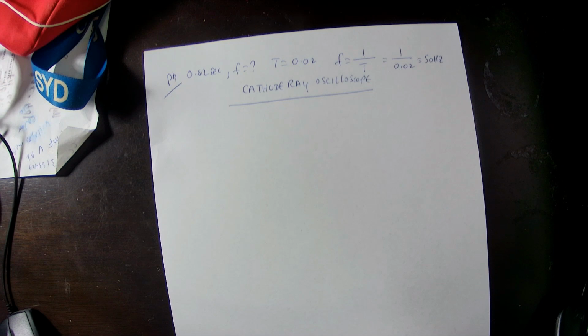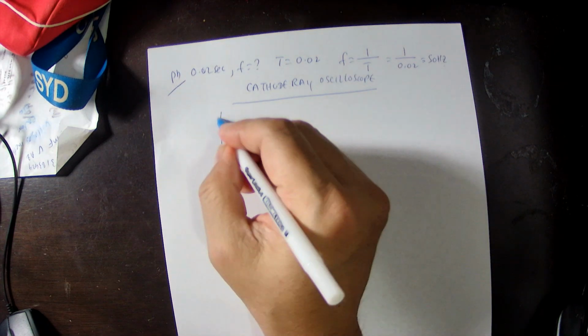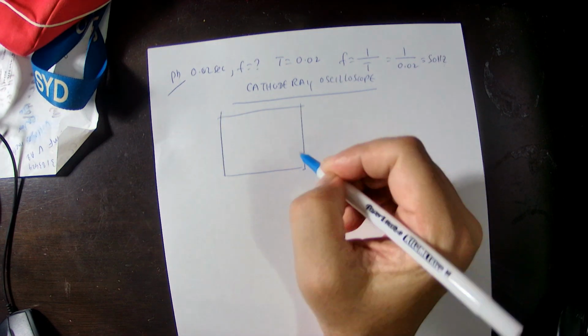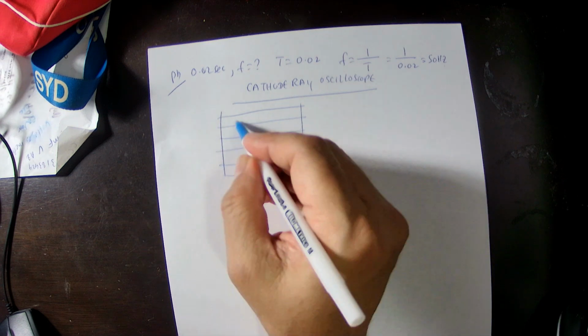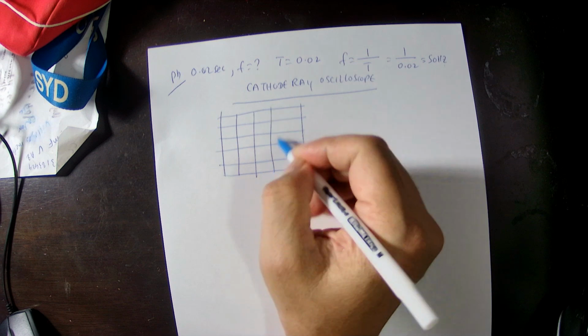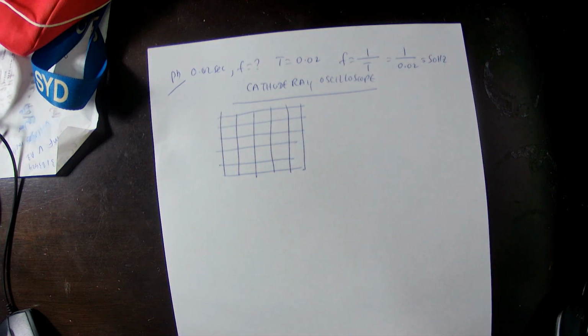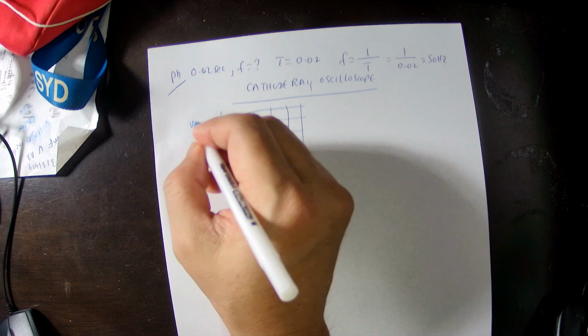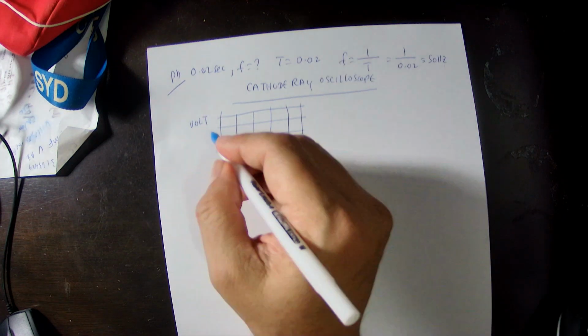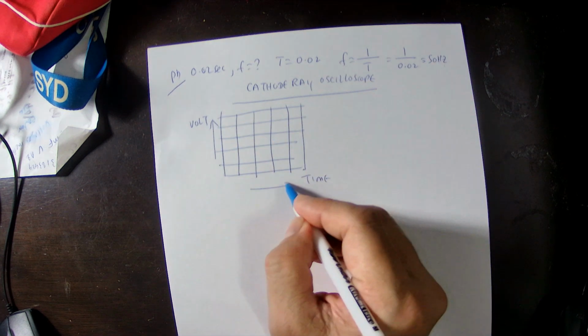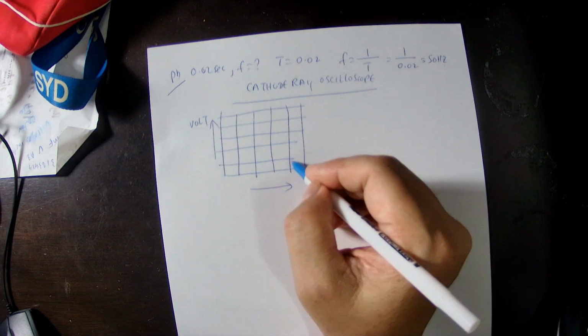A cathode ray oscilloscope consists of a scale with vertical and horizontal divisions. With the vertical divisions we can measure the voltage, and with the horizontal divisions we can measure the time. So this is the cathode ray oscilloscope.